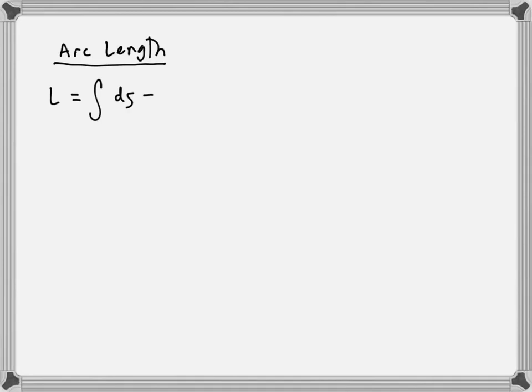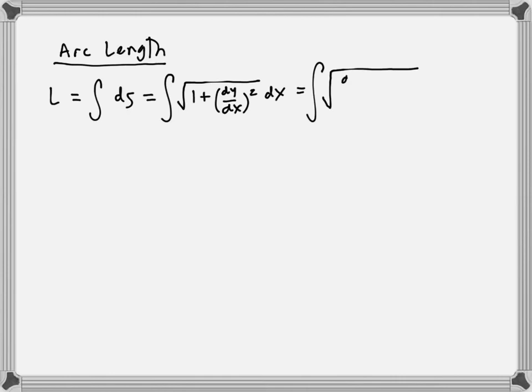And we knew that meant the square root of 1 plus (dy/dx) squared. This is when we wanted to integrate with respect to x. Then we learned in our parametric section earlier in this chapter that if you want to do it with t's, this is going to become (dx/dt) squared plus (dy/dt) squared, dt. So all of these are equal to arc length.